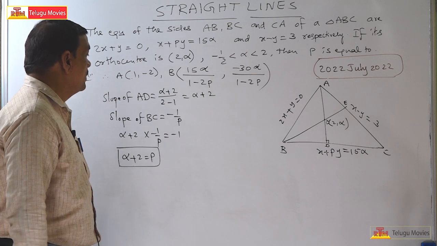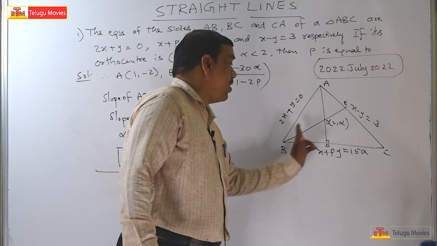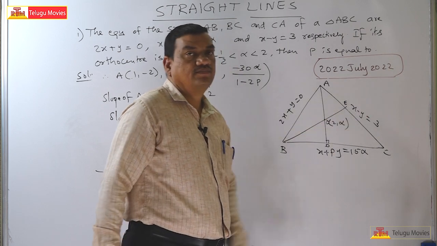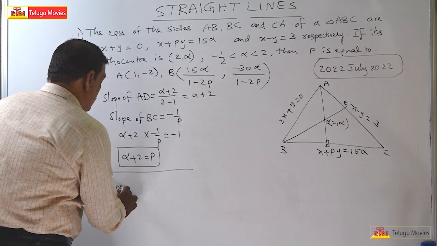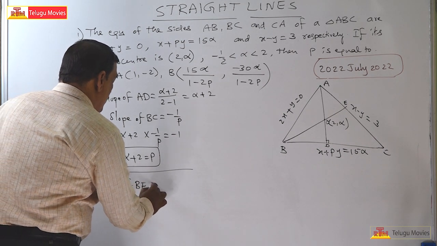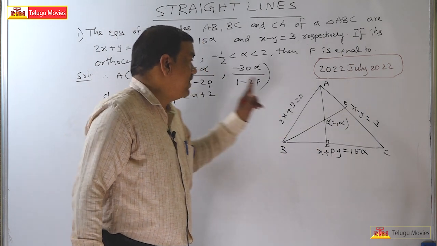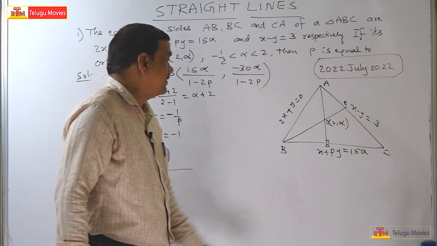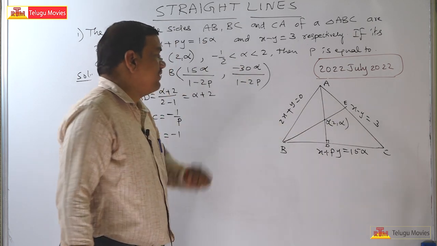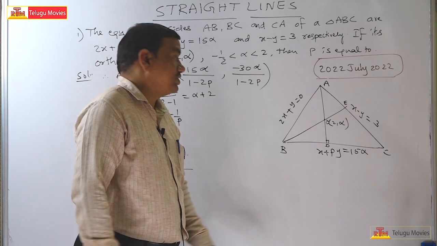The next part is, what is the slope of BE? Slope of BE is given by y2 minus y1 upon x2 minus x1, where this is B and this is O, the center.